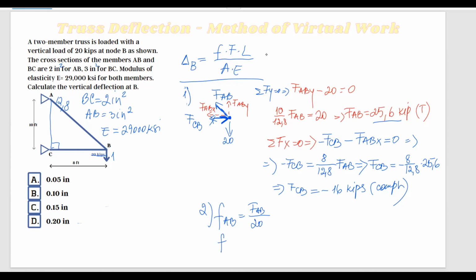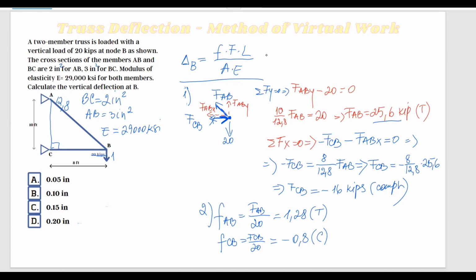Same for FCB, FCB divided by 20. And here we're going to get 25.6 divided by 20, which gives 1.28. And again, this is tension. And FCB is minus 16, so we're going to get minus 0.8, compression.